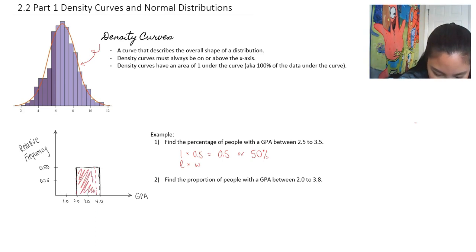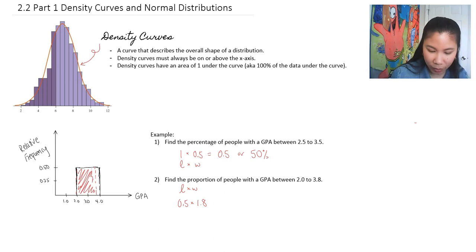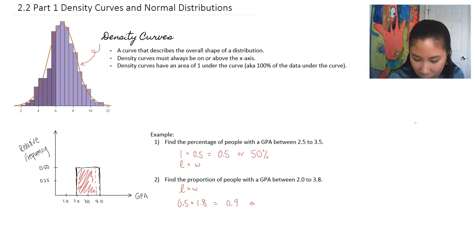We should be getting a much bigger percent because we're shading a lot more area. Again, it's going to be a rectangle. So length times width: a height of 0.5 and a width of 1.8, because from 2 to 3.8 there is a width of 1.8. When we multiply that together, I get 0.9, so 90%.